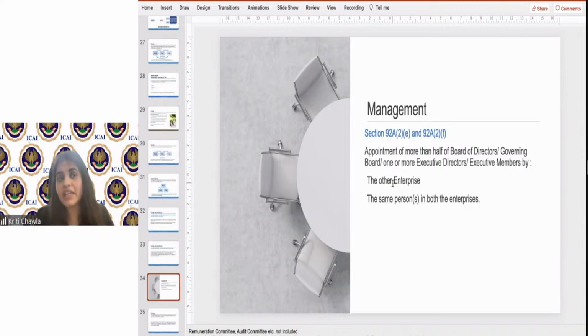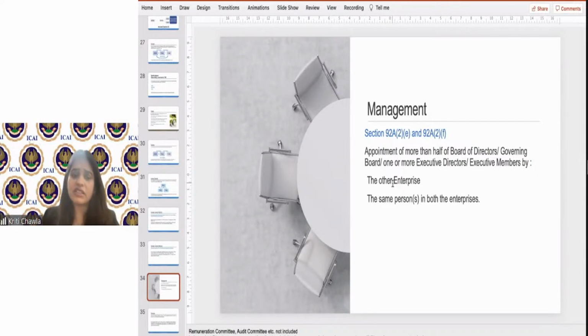How many board of directors? Well, more than half of the board of directors is appointed in the other company by the first company. Well, then these 2 companies will be related to each other. So the law says either you appoint more than half of board of directors, or you appoint one executive director or more than one executive director in the other company, or executive member in the other company. Well, then these 2 companies will become related to each other.